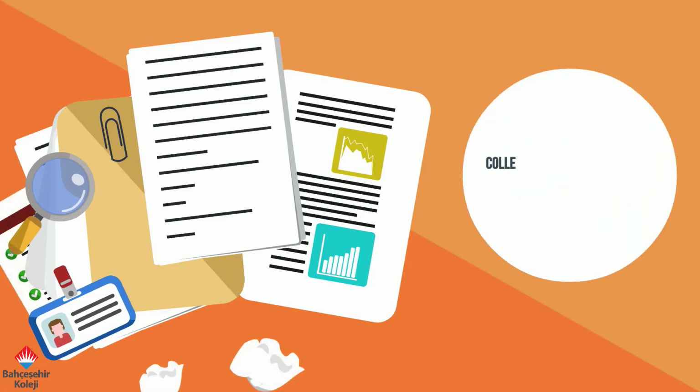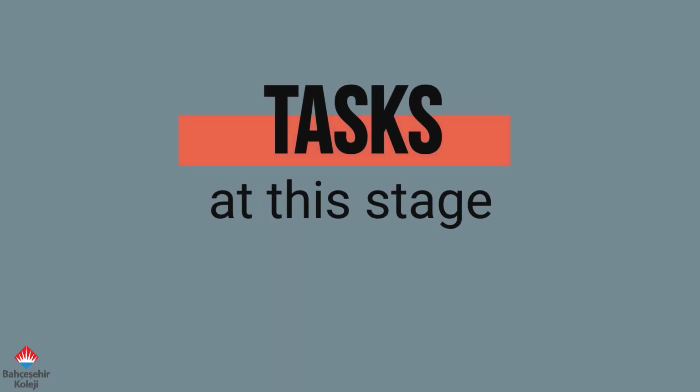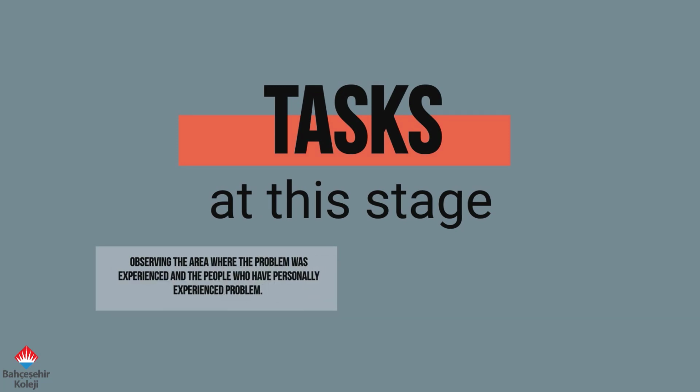Then, the information collected from the field will be documented and analyzed with the whole team. Task at this stage: observing the area where the problem was experienced and the people who have personally experienced the problem. Educators can use disguised or undisguised methods of monitoring.